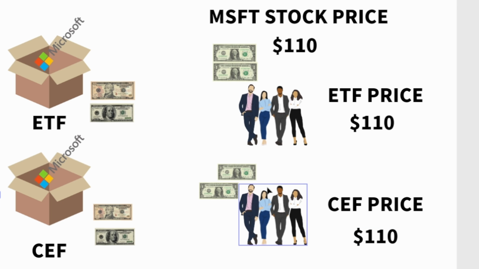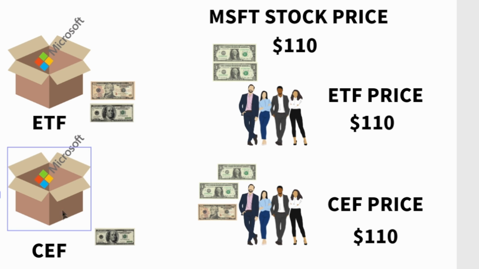However, these guys say, look, we want high yearly distributions. So the CEF goes, yeah, I know that. That's why I'm selling some Microsoft stock. I'm selling $10 worth, and I'm giving it over to you guys so that you look in your bank account and you go, look, these guys gave me $12 distribution on this CEF, right?